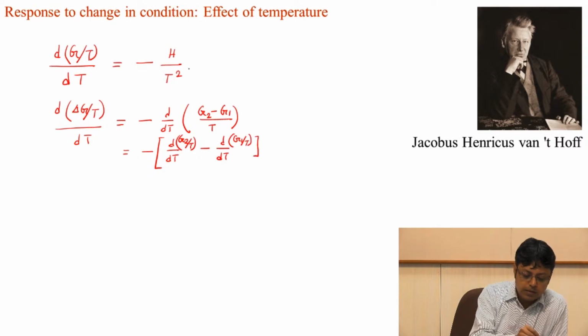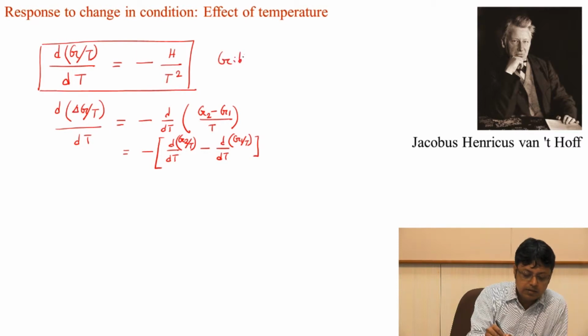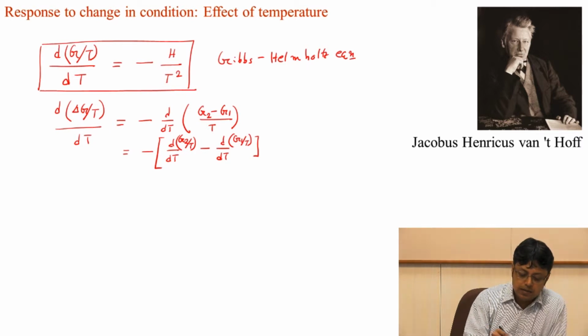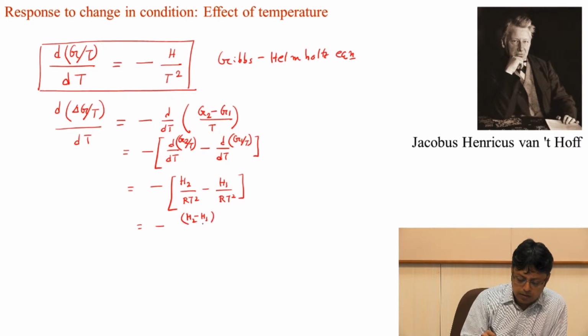According to the Gibbs-Helmholtz relation, we have minus H2 by T square minus H1 by T square, which is nothing but minus H2 minus H1 divided by T square, which is nothing but minus delta H by T square.